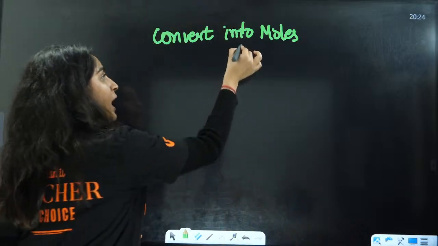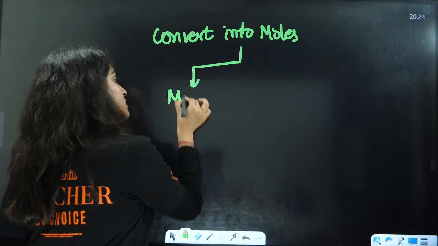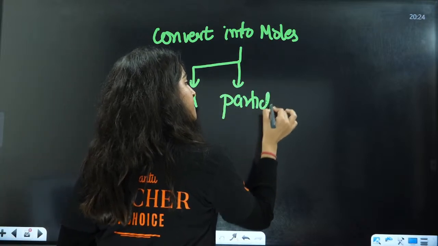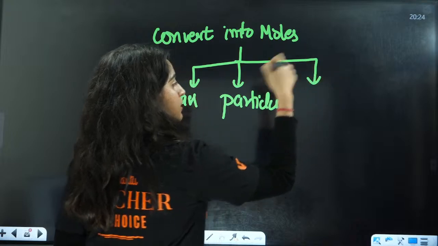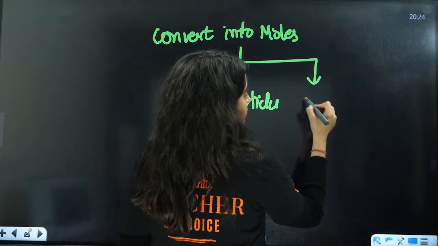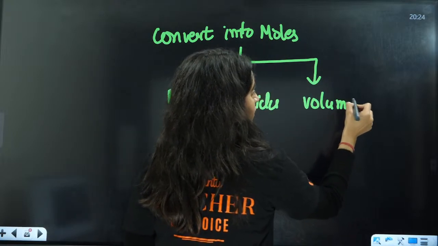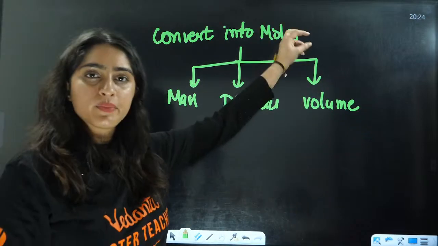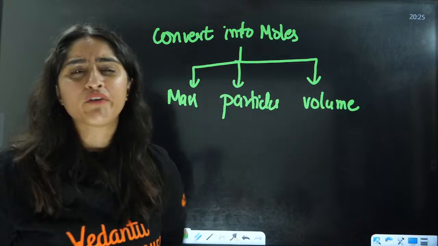Then you will be able to calculate the mass, the particles, the volume, right? Now we will convert something into moles and we will be able to calculate everything.